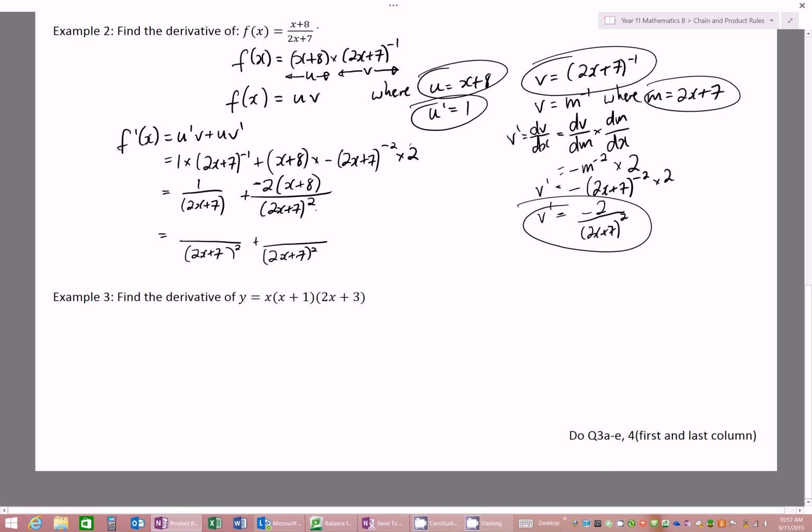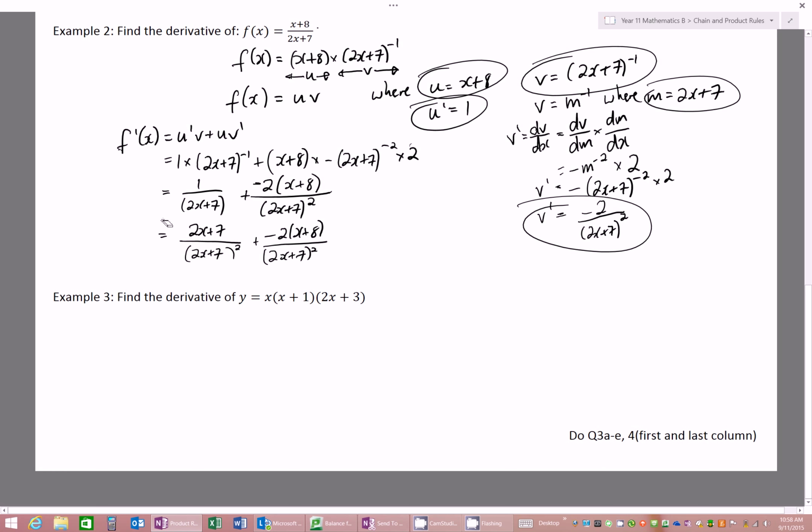What did I have to do to get this from 2x plus 7 squared to 2x plus 7 squared? The answer is nothing, so I'm going to do nothing on the top line. And to get 2x plus 7 to 2x plus 7 all squared, I need to multiply by 2x plus 7. So it'll go on the top line.